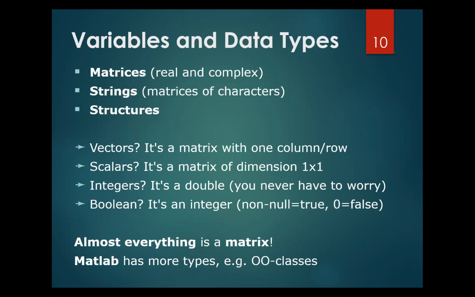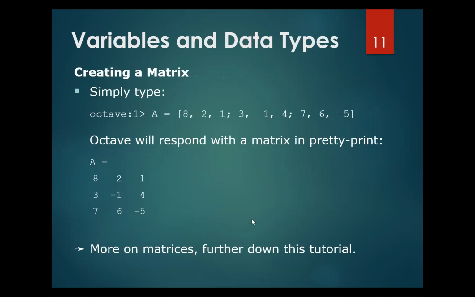We have data types like integers, we have Boolean. Boolean simply means two options, true or false, yes or no. If it is true, we refer to it as non-null, and if it is false, it is zero. That's how I see it.